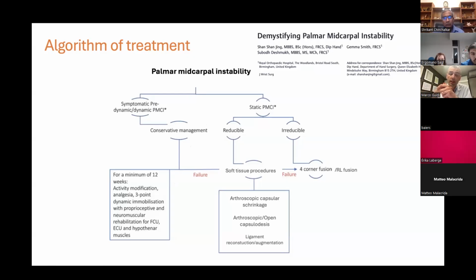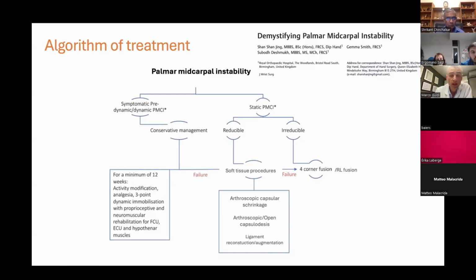And if it fails, okay, we need to see if there is a reducible palmar midcarpal instability. And so we can do some soft tissue procedure. We can eventually start with the arthroscopic capsule shrinkage or the arthroscopic open capsulodesis.